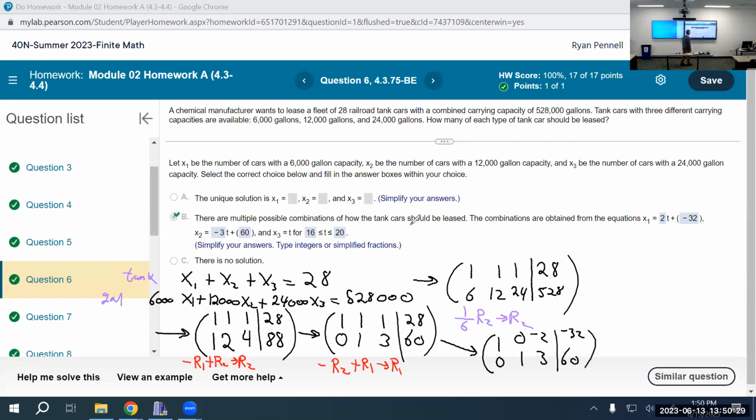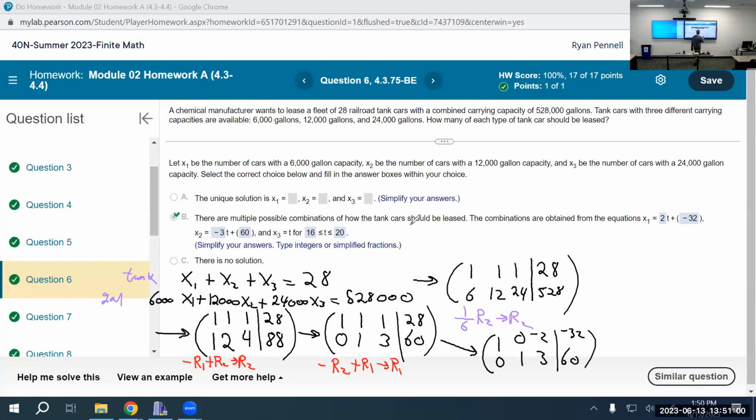Did I do that right? I didn't make any arithmetic mistakes. My brain's getting tired from all the arithmetic. Does it look right? You see the mistake, let me know.